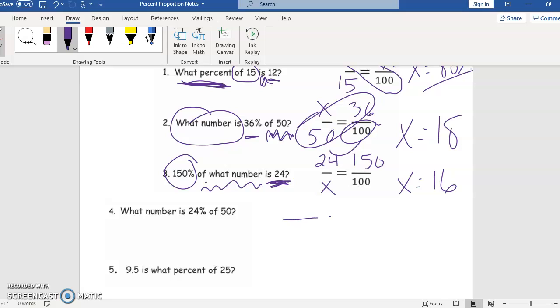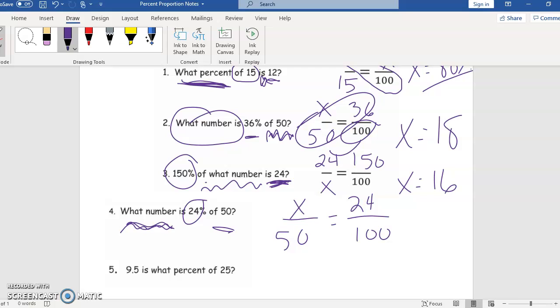We're going to go ahead and set up our proportion. And remember, 100 always goes down here on the bottom right. What number is, this is similar to number 2. So what number is, I don't know. So I'm going to put an X on the part. 24%, my percent goes over 100, of 50. So 50 is my whole.